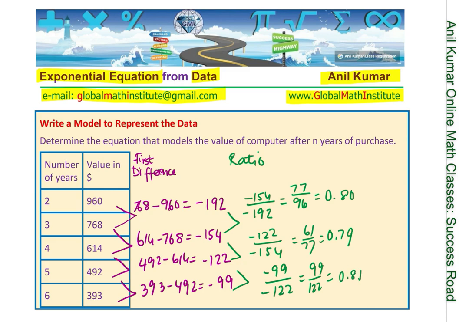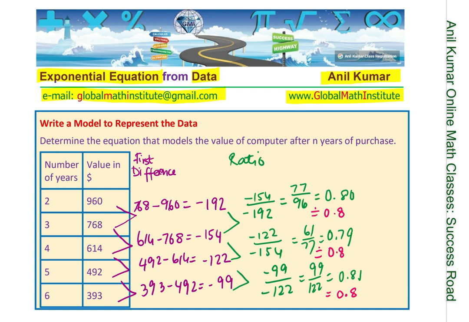As you can see, it is very close to 0.8. So we can treat these as all approximately equal to 0.8, because the decimals involve rounding, and this is very, very close.